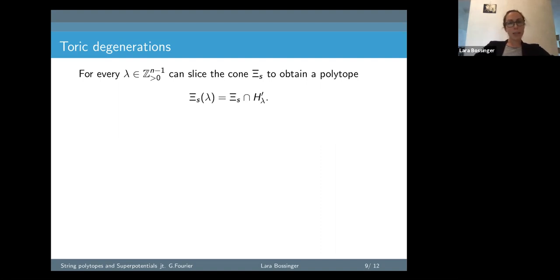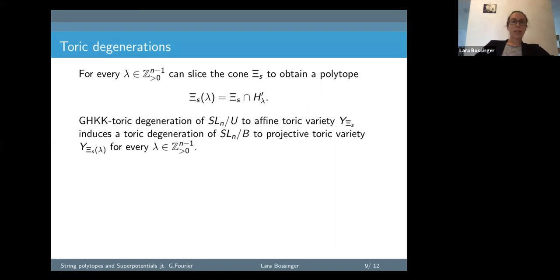And if we slice this tropicalized superpotential cone by this hyperplane, we obtain a polytope. And this polytope, if we consider the associated toric variety, is a toric degeneration of the flag variety. And this all happens within this Gross-Hacking-Keel-Kontsevich construction. So they take care of that for us.